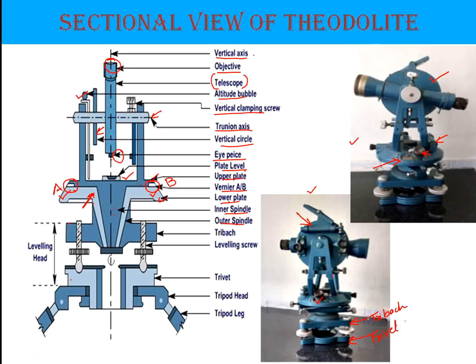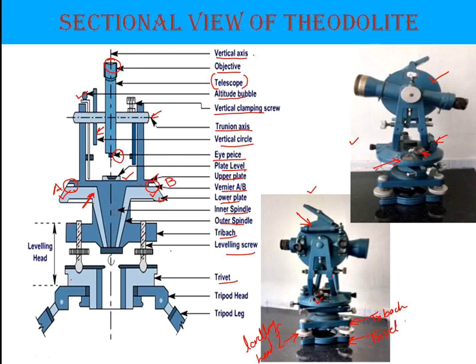And this tribrach, trivet, as well as this foot screws or leveling screws, all this together will be termed as the leveling head, because this will be helping in doing the leveling operation for this theodolite survey. Okay, so tribrach, that trivet, leveling screw, that we have finished.